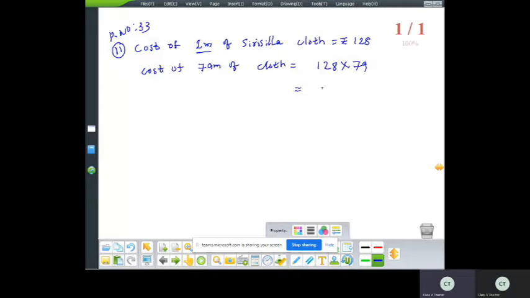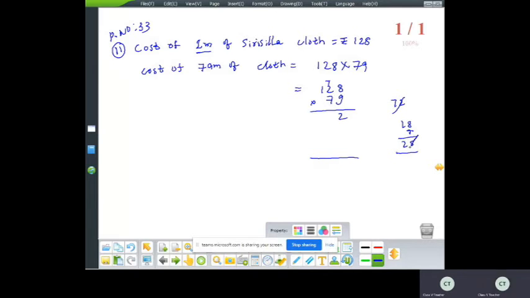Now we multiply 128 with 79. In 79, the first digit is 9. 9 times 8 is 72. 2 here, write down. Now 7 is carried. 9 times 2 is 18. 18 plus 7 is 25.